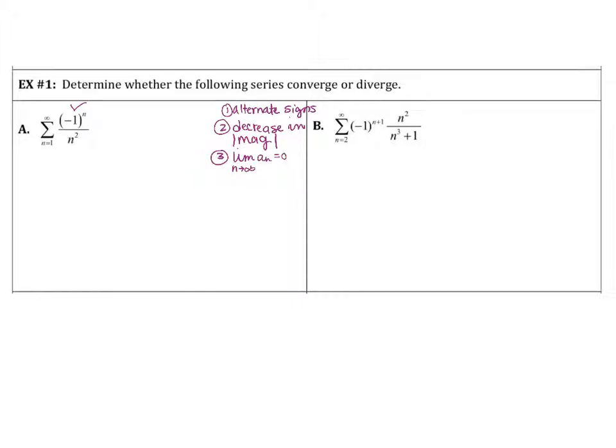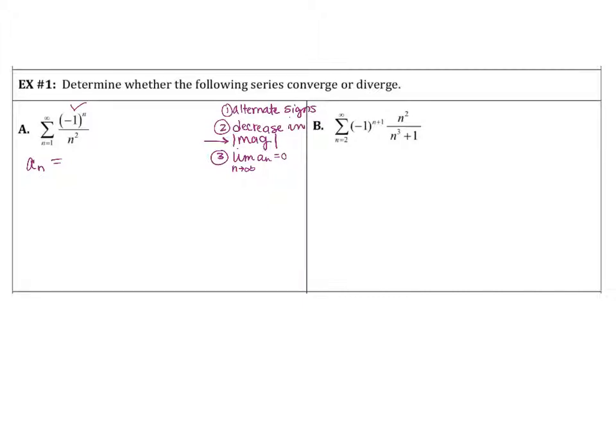So let's just list out some of the terms in our sequence to see what's happening with the series. Here we're going to start with a sub n, and we're looking at decreasing in magnitude. When we list these out, we see that we're alternating signs.